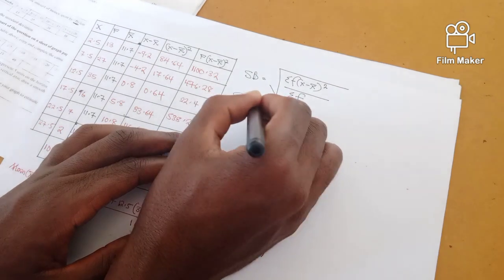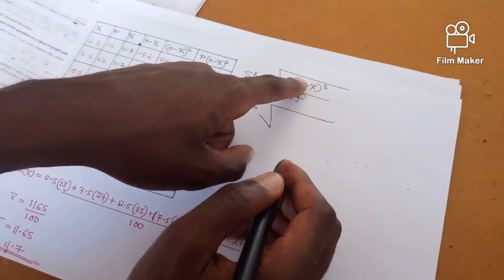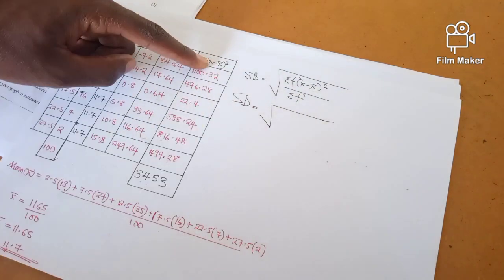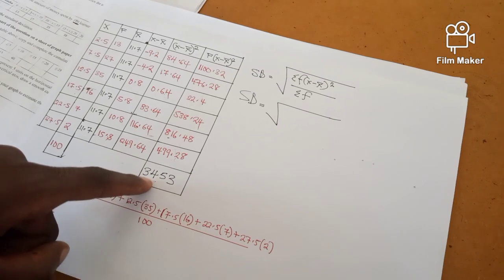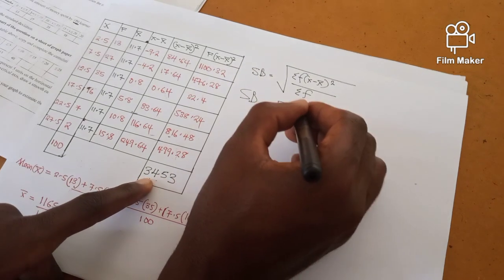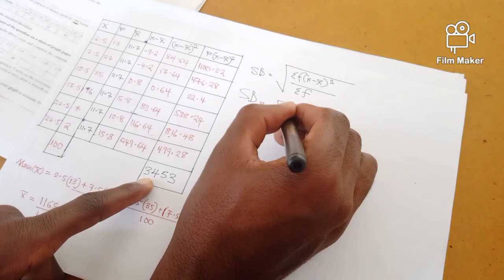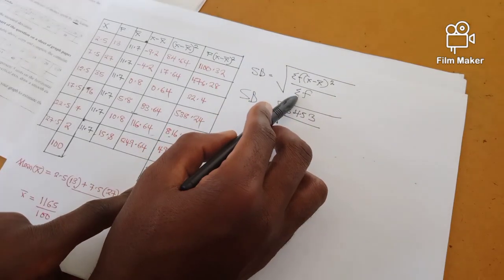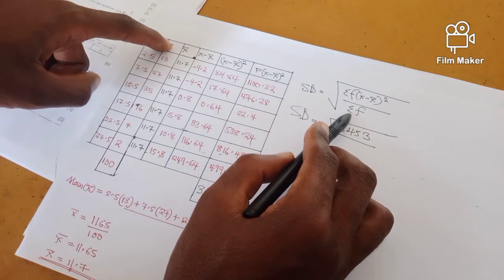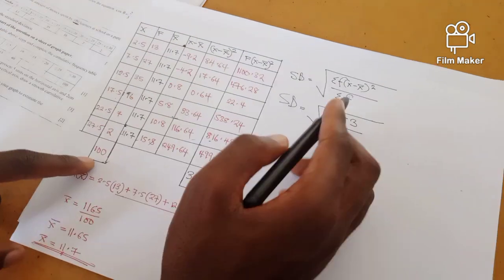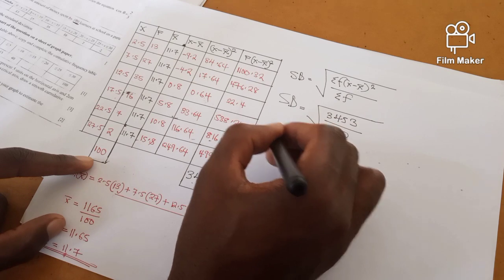So standard deviation will be equal to the square root of this total that you have found here. So you say 3,453 over the total frequency, which is 100. That is what you do.